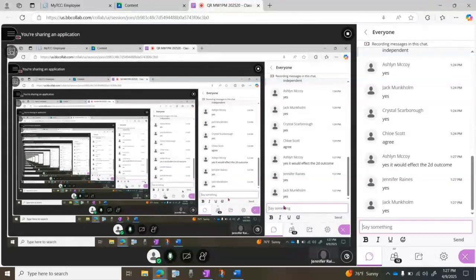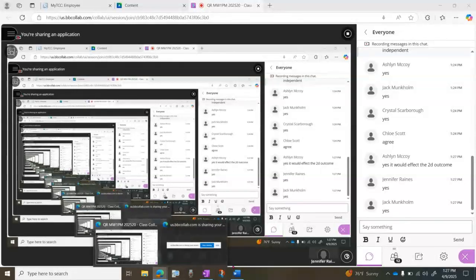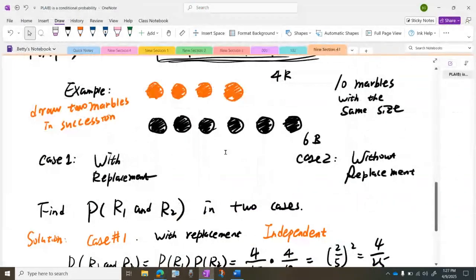Yes, of course. Thank you, Ashton. It will. Like we have questions like a donut in Pearson. Let's say there are donuts, and red is your favorite flavor, and the first person takes away one red donut, and you have less. You definitely have less chance to get a donut because there were 4 and now there are only 3 left.